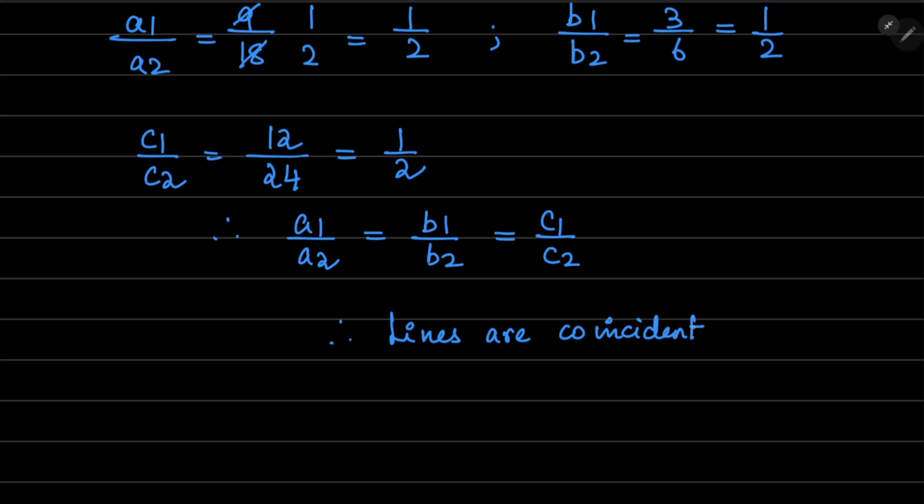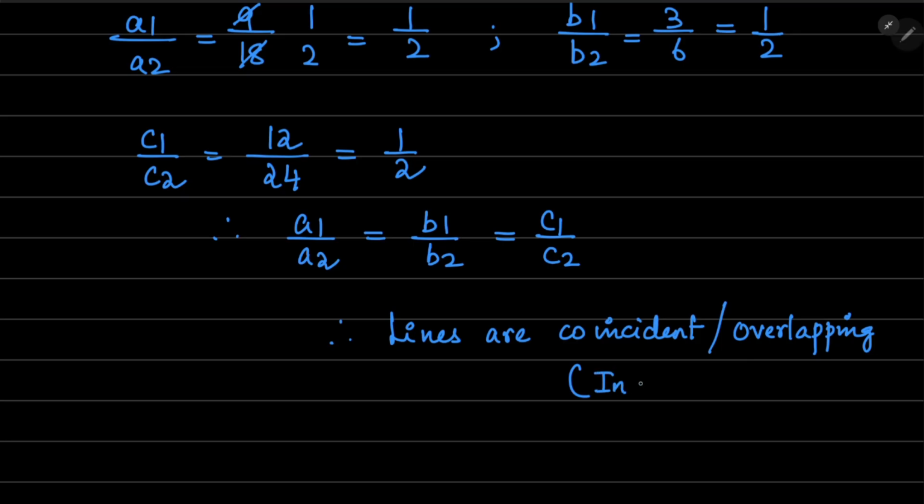What do you mean by coincident? That means they lie one over the other. And what kind of solution will you have when your lines are coincident, overlapping one over the other? You will have infinitely many solutions.